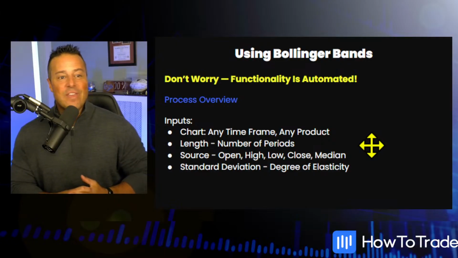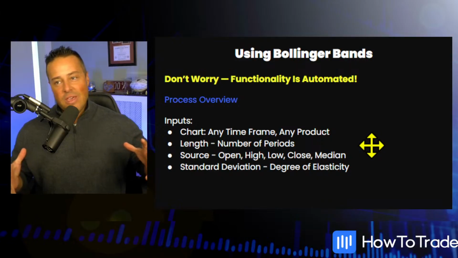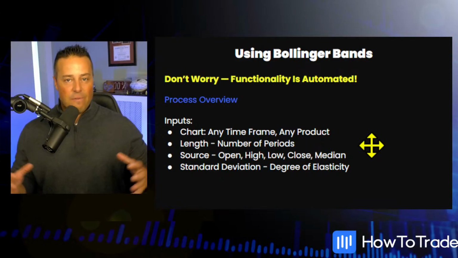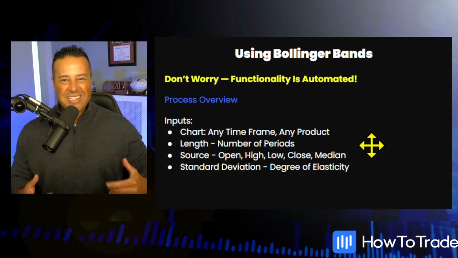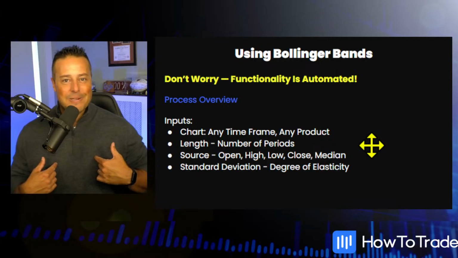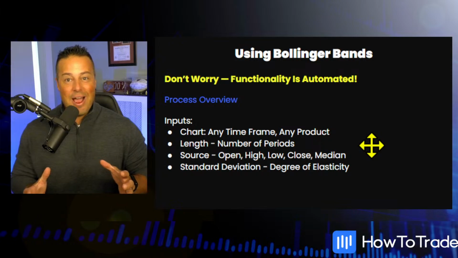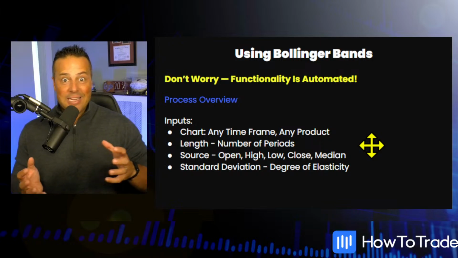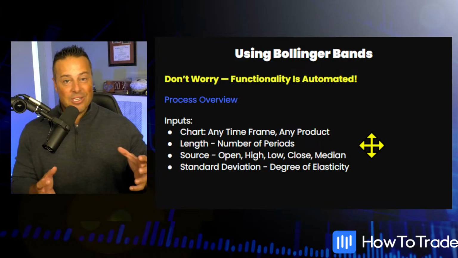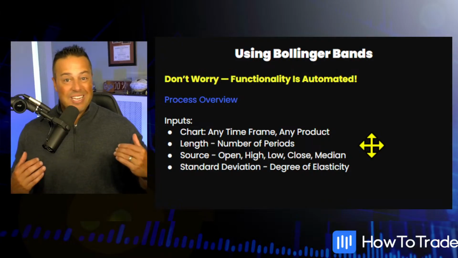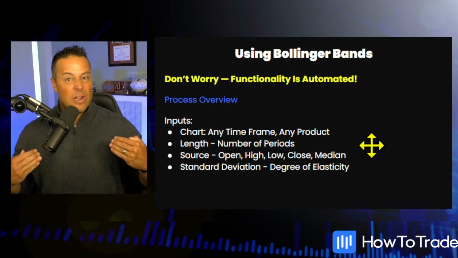And then the standard deviation. That's the degree of elasticity. If you have any background in statistics, then you're very familiar with standard deviations. To be honest, I wasn't very good in statistics in college. At university, I was not a statistical wizard. I was a baseball player, but I liked statistics, and we use statistics a lot in trading. I personally stick to the easiest things I can think of when it comes to stats.